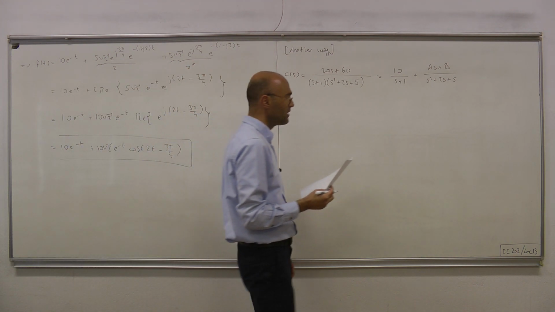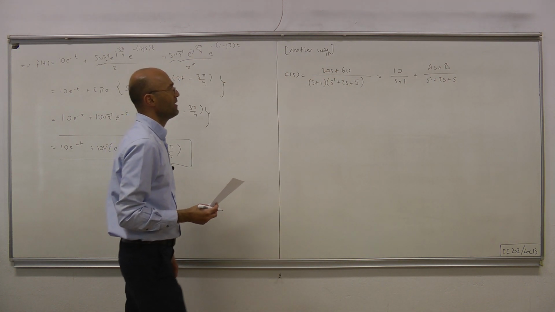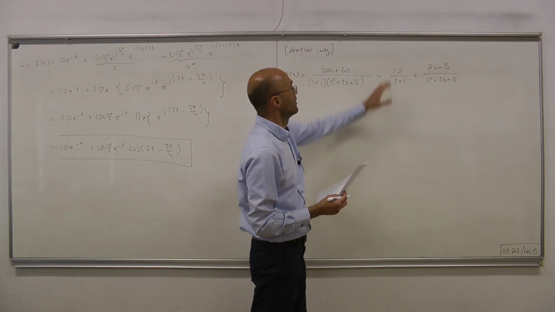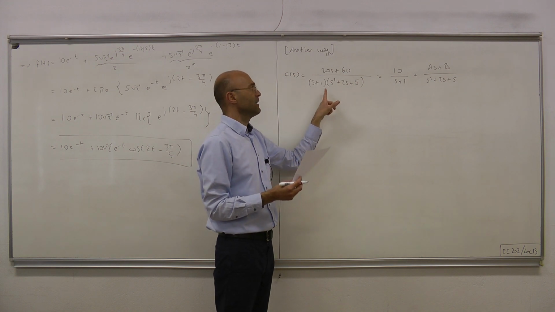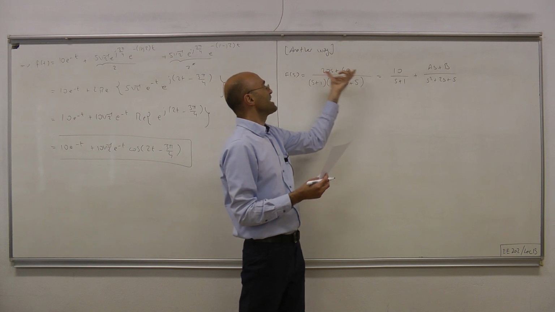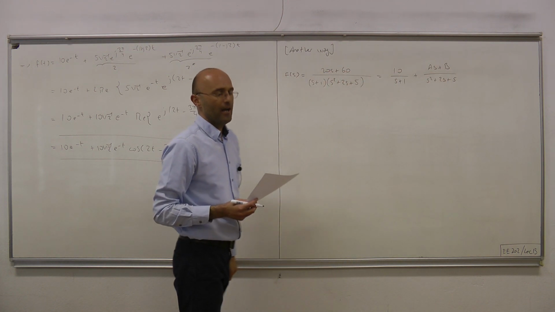Now let's figure out a and b. How can we do that? Well, we can write this as a single ratio where the denominator will equal clearly to this. And then, since those two things are equal, by equating the numerators, you can easily figure out a and b.